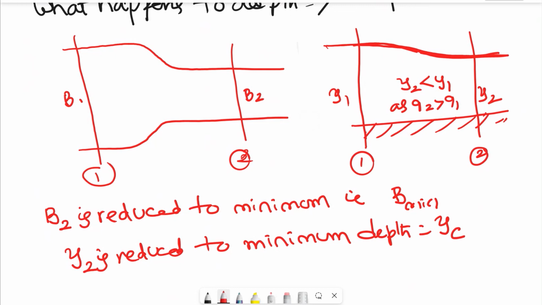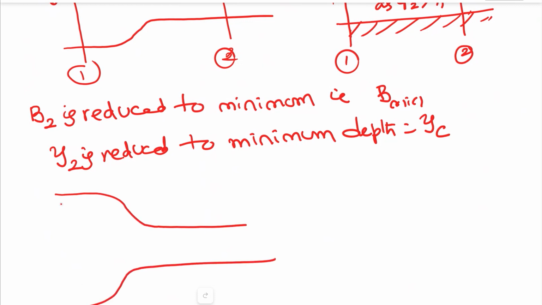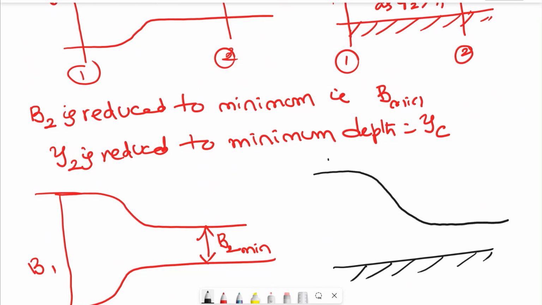How will it happen? For example, suppose again this is the channel, this is B1. Now you have reduced it to B2 minimum. Then what happens to the depth? Initially, this is how it reduces. So this is Y1. Y1 remains the same, but here the depth becomes YC. So this is the condition.